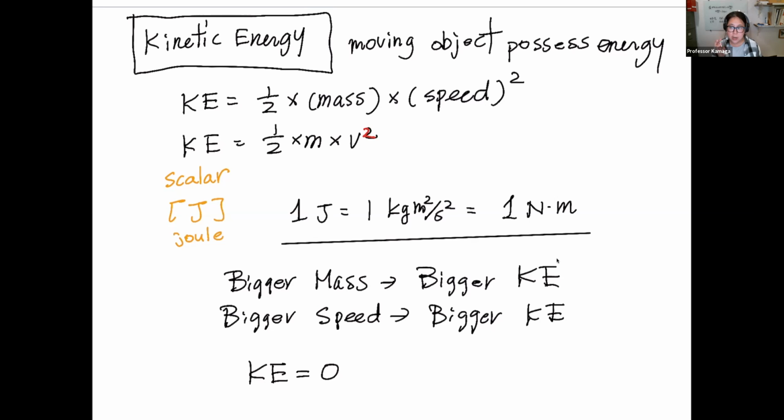Can we have a kinetic energy equal to 0? Zero kinetic energy means something this time. It means that it's at rest. It's not moving. Velocity equals 0. Speed is 0.